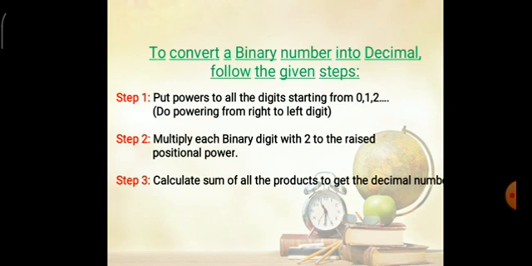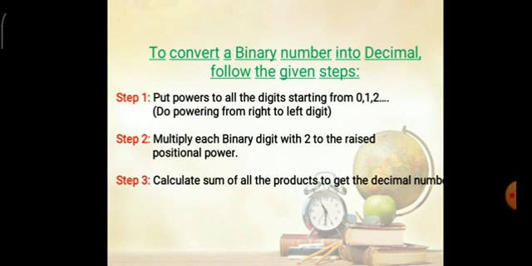But don't forget that you have to do the powering from right to left. Step 2. Multiply each binary digit with 2 raised to its positional power. Step 3. Calculate the sum of all the products to get the decimal number.